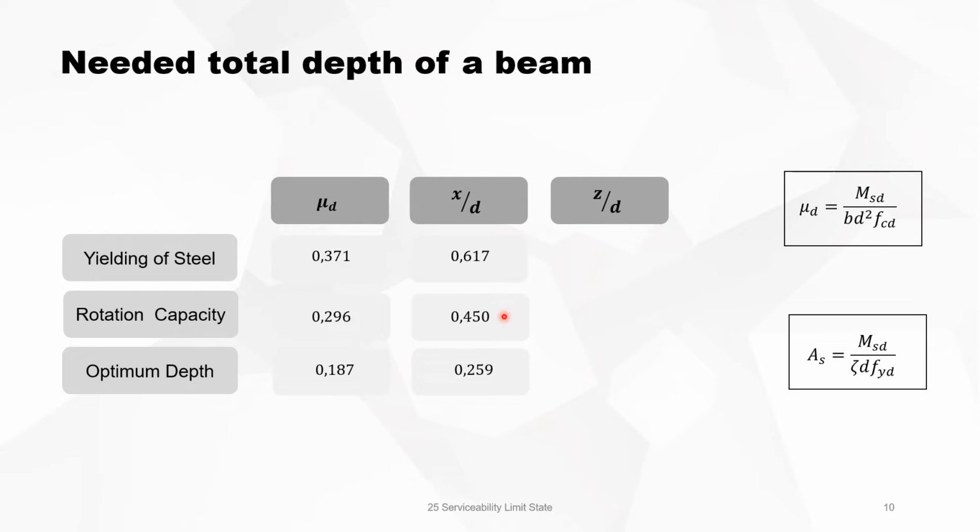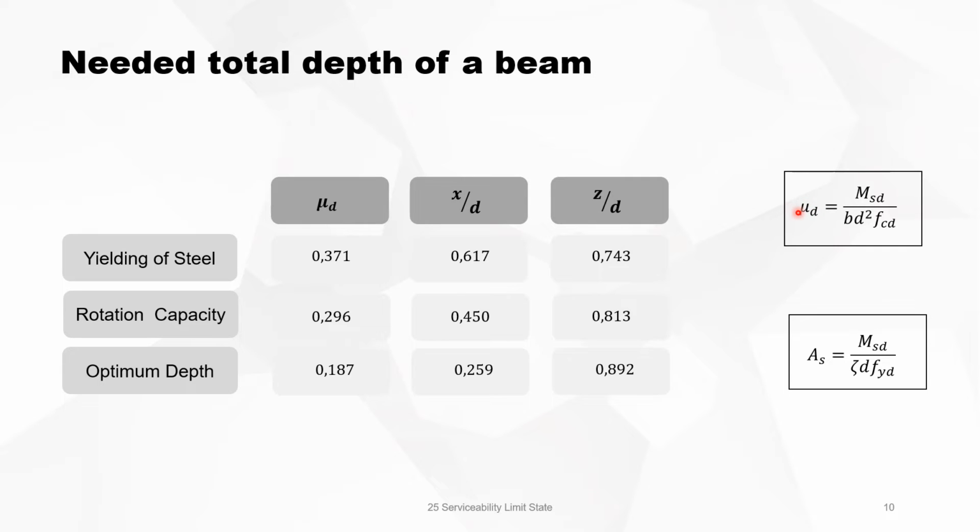Here you see the 0.45 because to have enough rotation capacity, x must be smaller than 0.45 times d. And z over d, that's for easily calculating your reinforcement. So if you want to design a beam according to strength, for instance, you would like to have an optimum depth, then you use 0.187 in this formula.